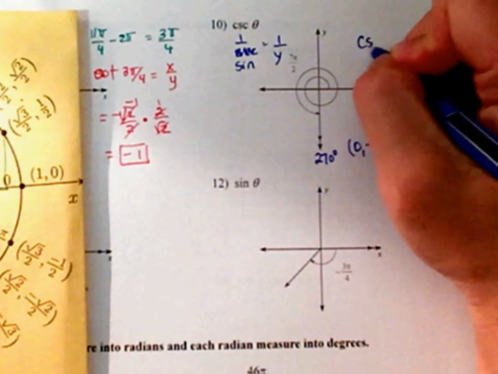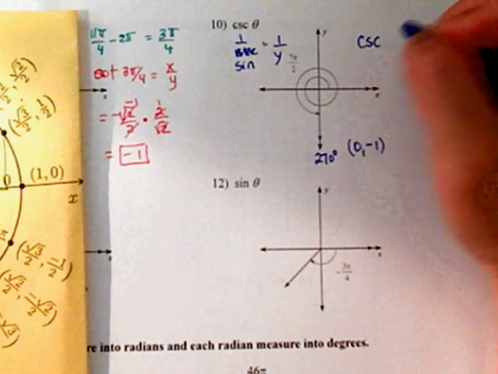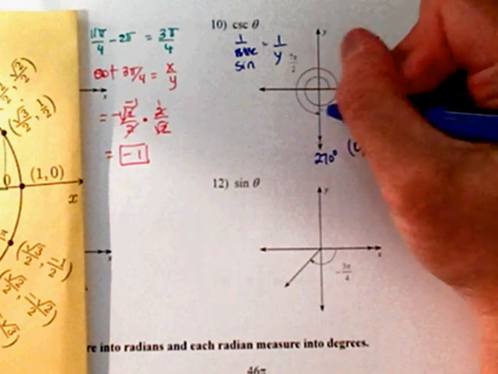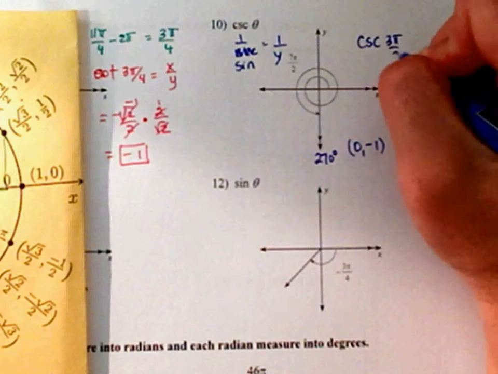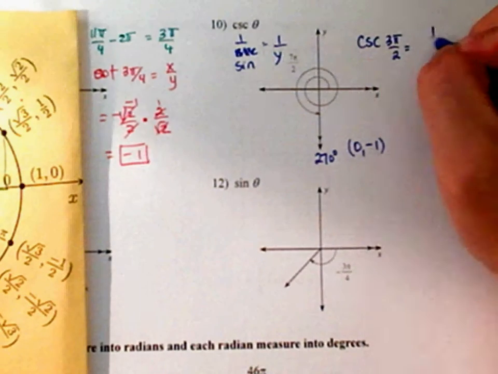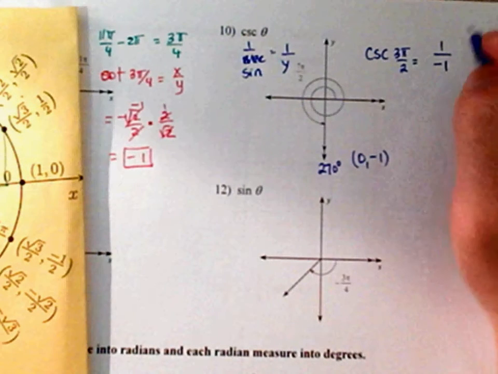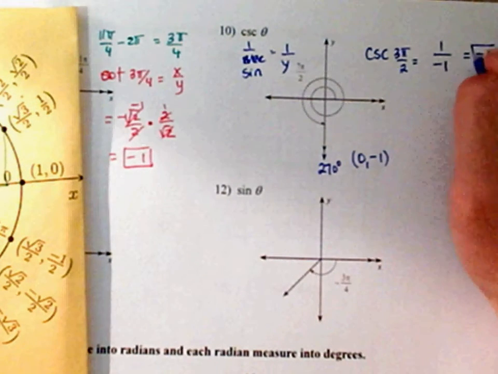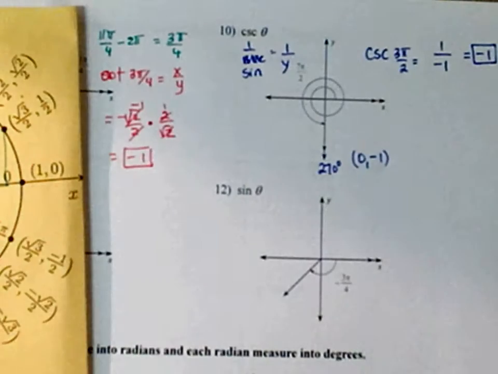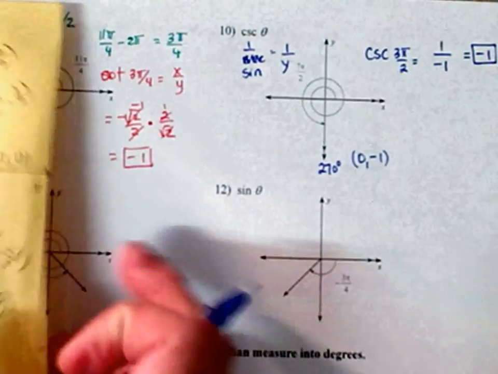So cosecant of 7 pi over 2, right there, I already know, is 3 pi over 2, and that comes out to be 1 over your sine. What is your sine value? Negative 1. So 1 over negative 1 gives you negative 1. Just like that. Okay? You can take the reciprocal if you want.